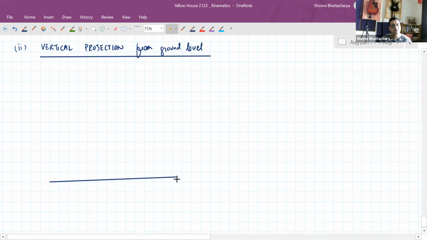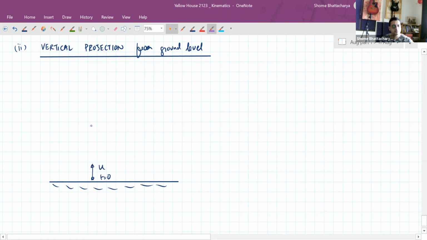So what is happening at time t equal to 0? From the ground level, we project something vertically upwards at a velocity of u.